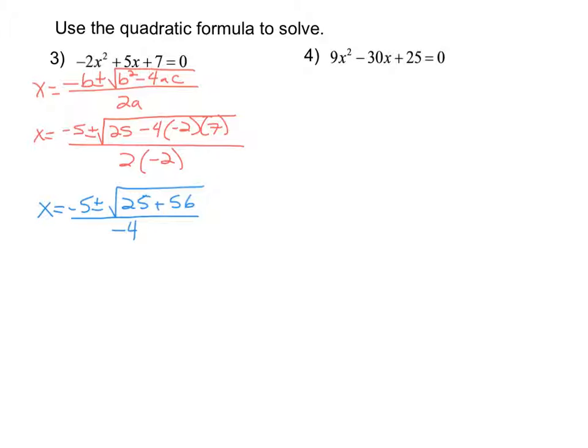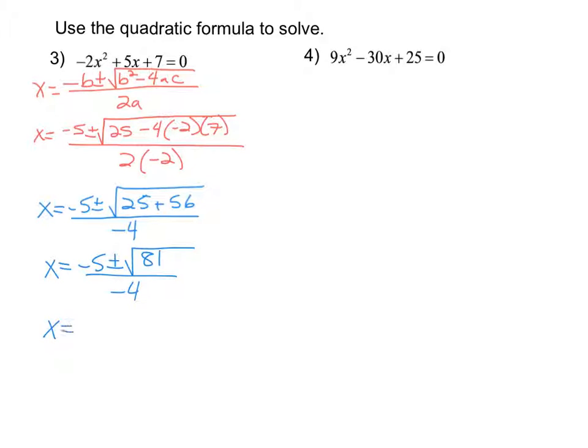All right, folks, so we've got x is equal to negative 5 plus or minus the square root of 25 plus 56. So x is equal to negative 5 plus or minus the square root of 56 plus 25. Well, let's see, that would make it 81 over negative 4.